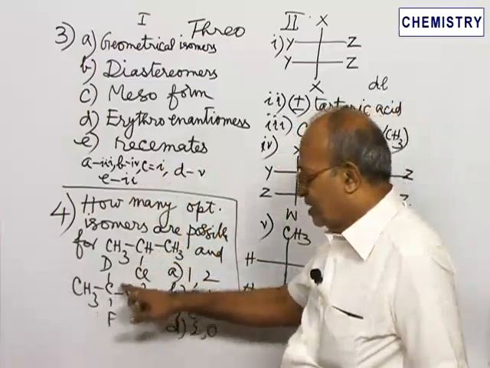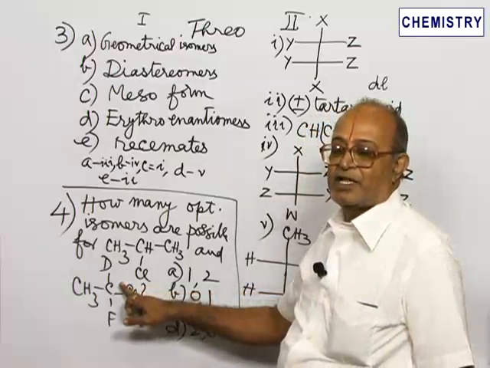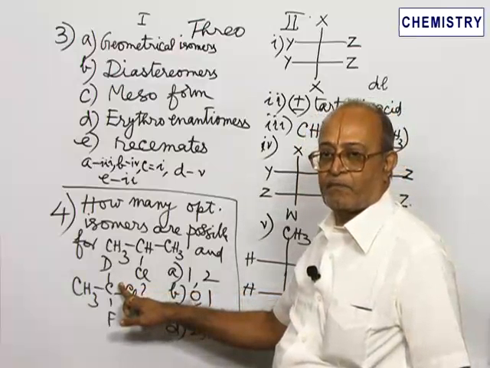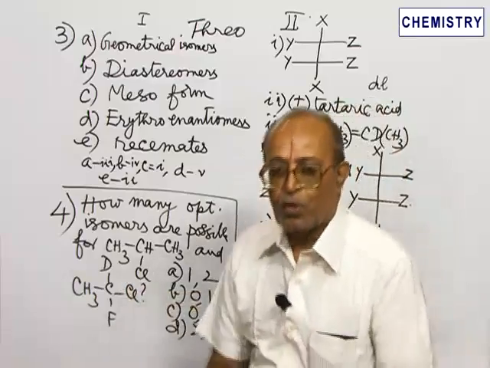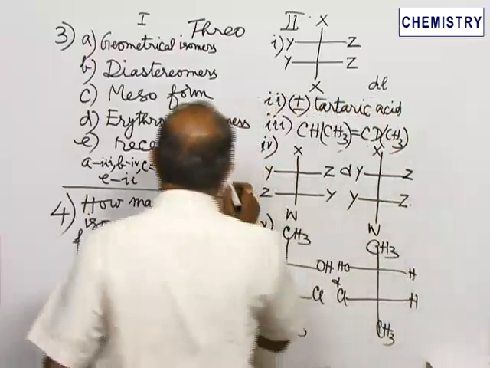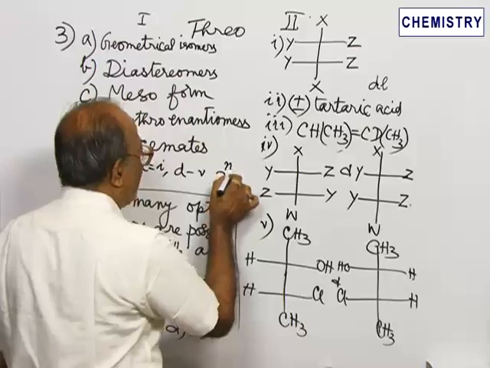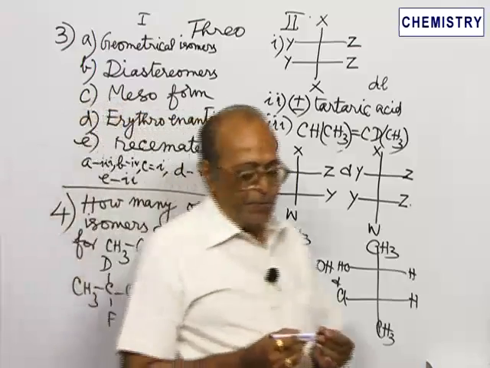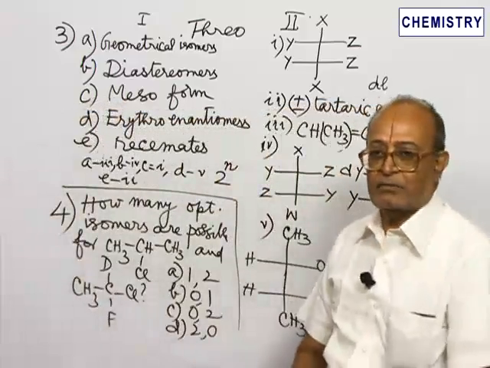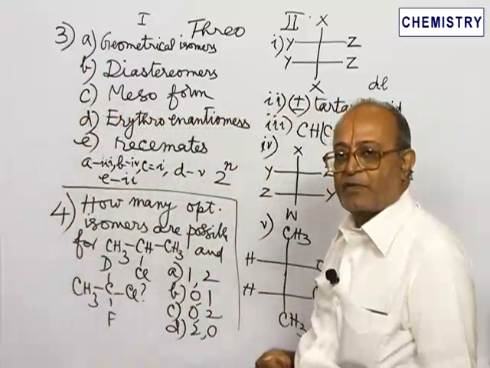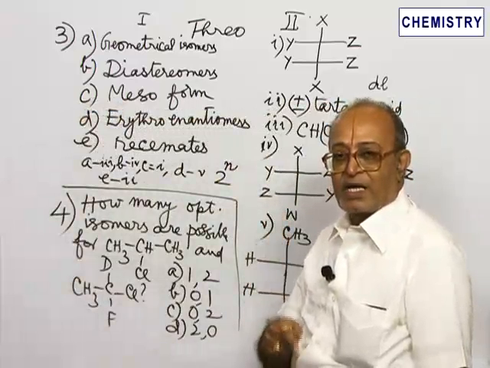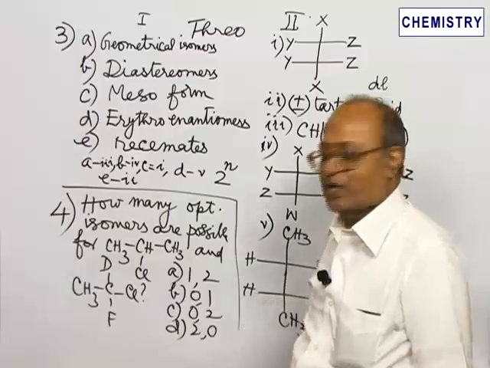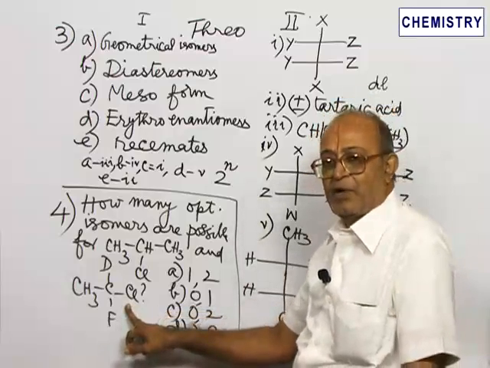Consider the second one, it is asymmetric. There is a simple rule for finding out the number of optical isomers: 2 to the power n is equal to the number of optical isomers, where n is the number of asymmetric carbon atoms. Consider this molecule.